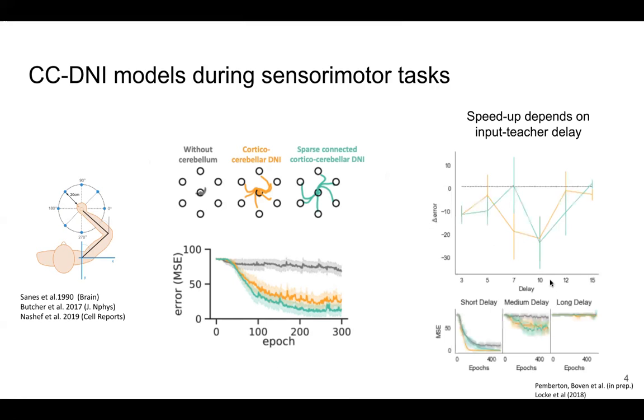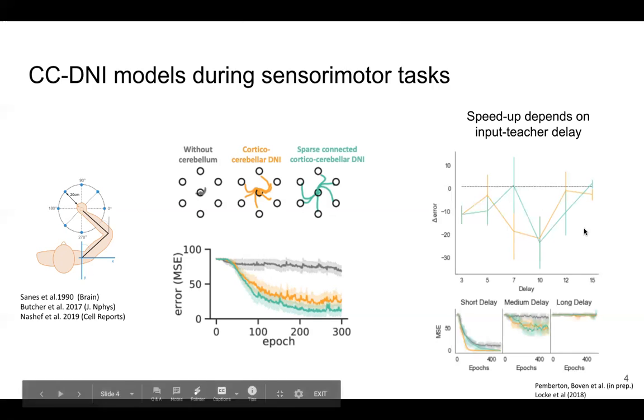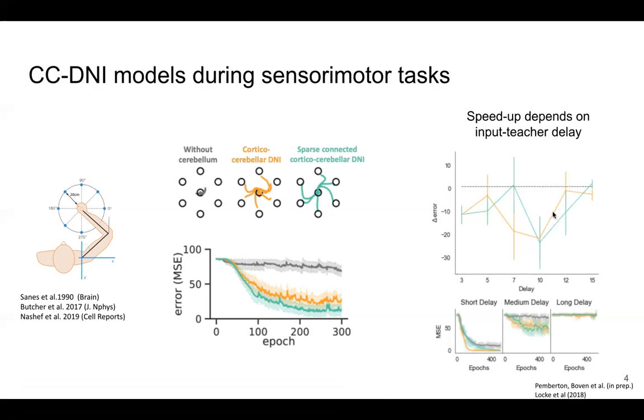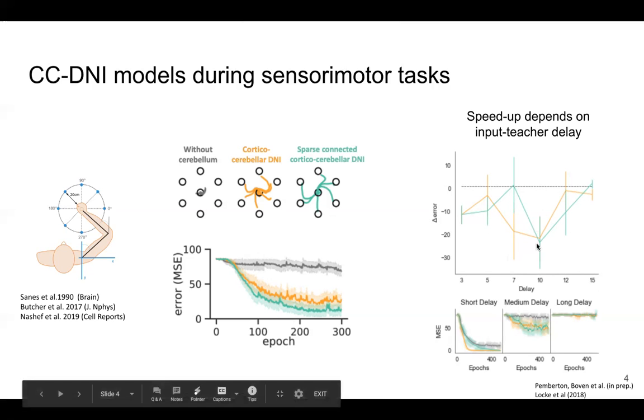And we also find that the speed up depends on input teacher delay, with maximum speed up around medium to longer delays, except for when the delays get too long. And this is in line with more recent experimental evidence.